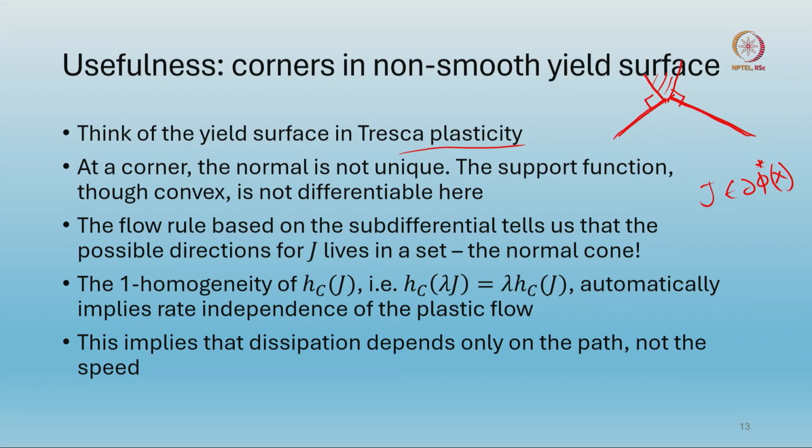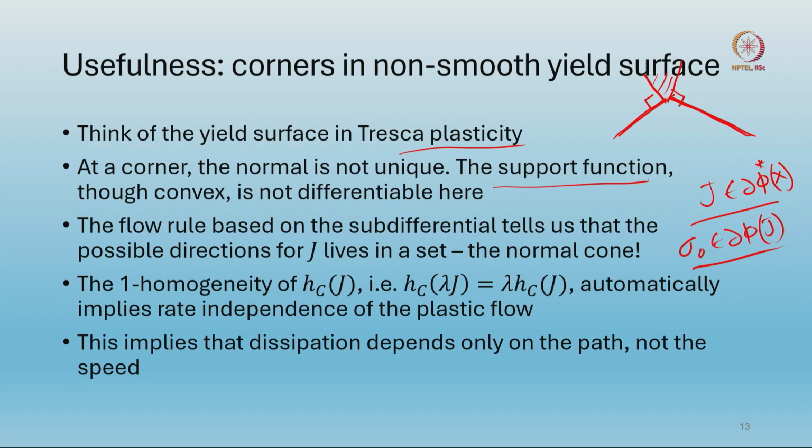In all these cases, the support function defines the phi j. So the flow rule, what is the flow rule? This is a flow rule. Even if I say that sigma 0 is in del phi of j, that is also a flow rule. So you can write the flow rule in both ways. It is basically a relationship between the strain rate and the hardening variables and the stresses driving the plasticity, that is the thermodynamic forces x.